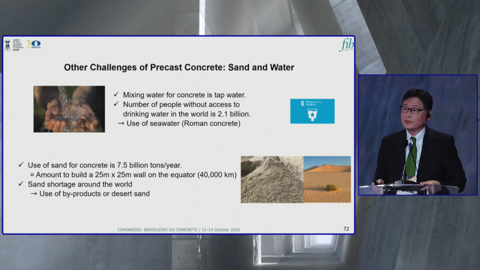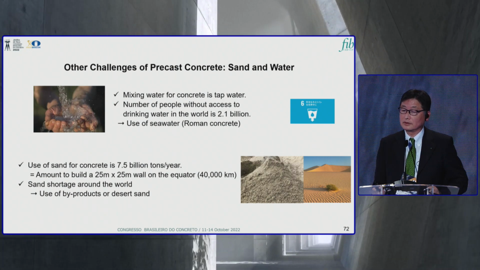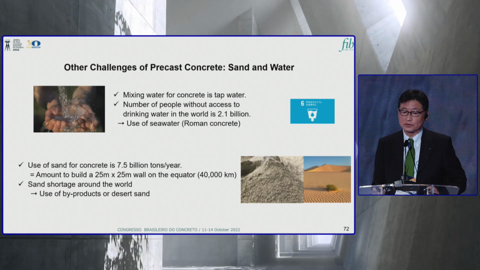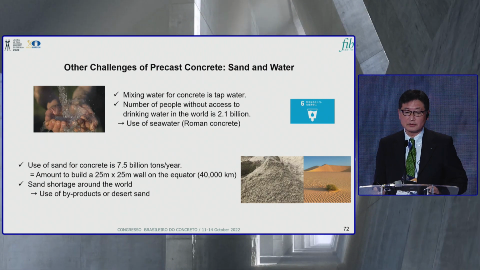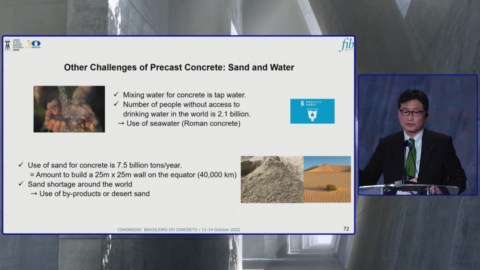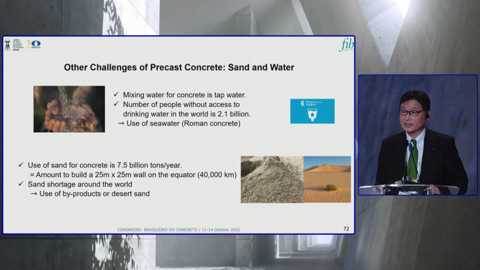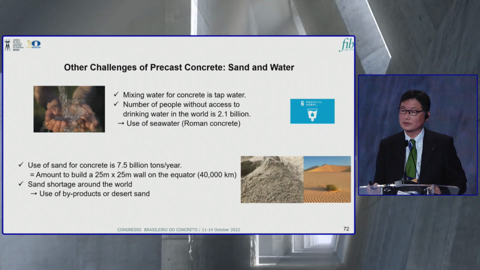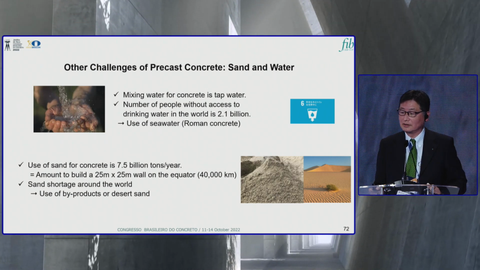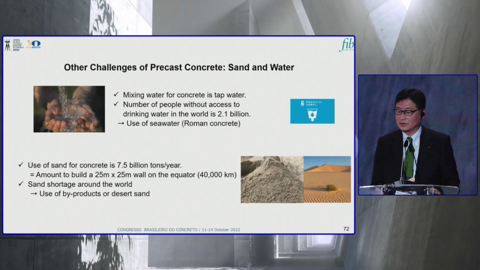And if we use plastic fiber as the reinforcement of concrete, we can mix by using seawater. And unfortunately, our factory is far from the sea, but if there is a chance to build new factories, we have to locate them near the sea to use seawater in the mixing.